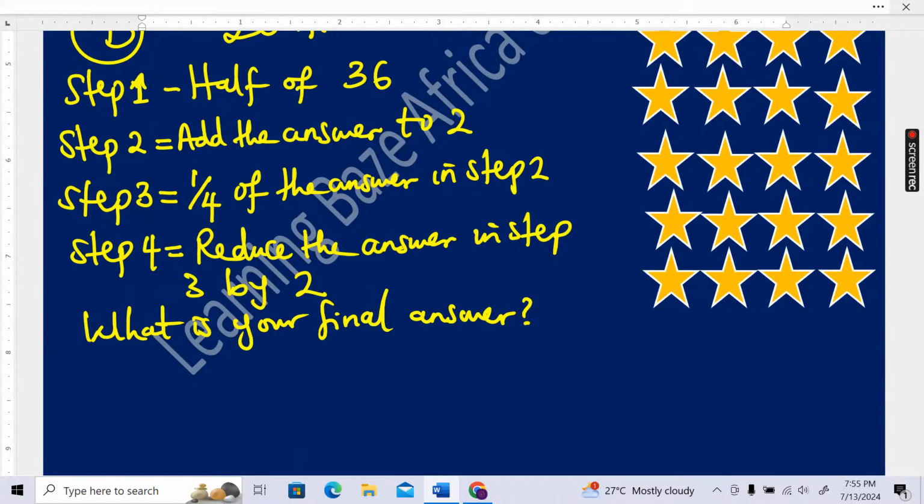Half of 36. Add the answer to 2. One quarter of the answer in step 2. Reduce the answer in step 3 by 2. What is your final answer?